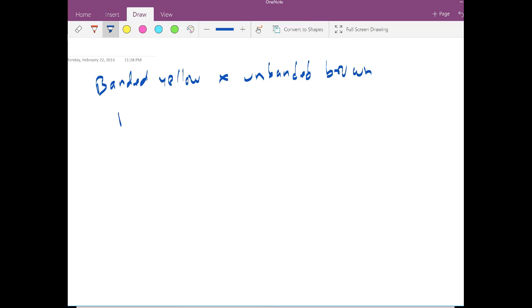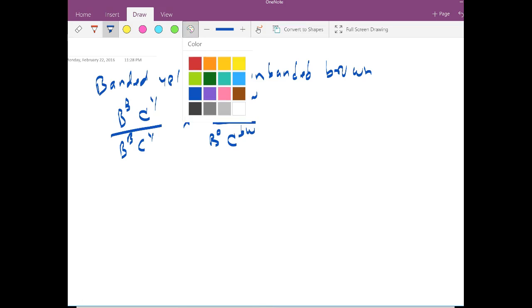Alright, so this is banded and yellow, banded and yellow, cross to unbanded and brown, unbanded and brown. So these guys are homozygous, so we put this line here because we're just showing how the genes start out together.